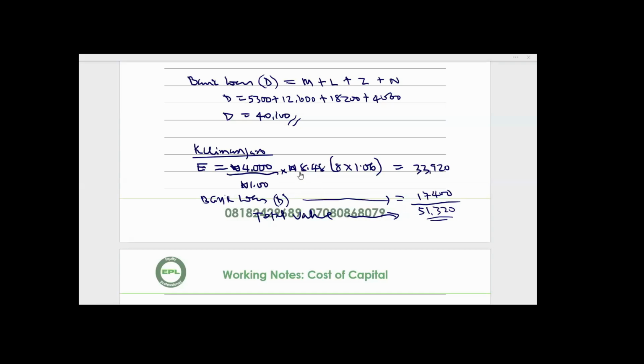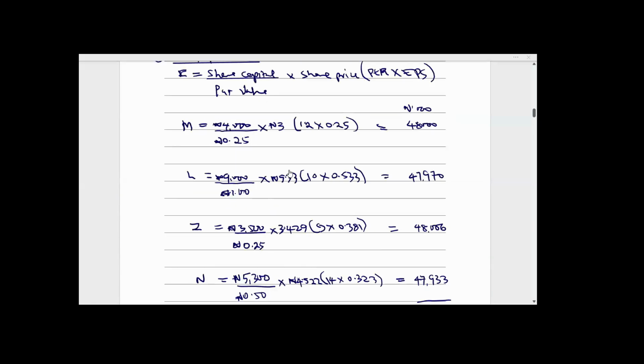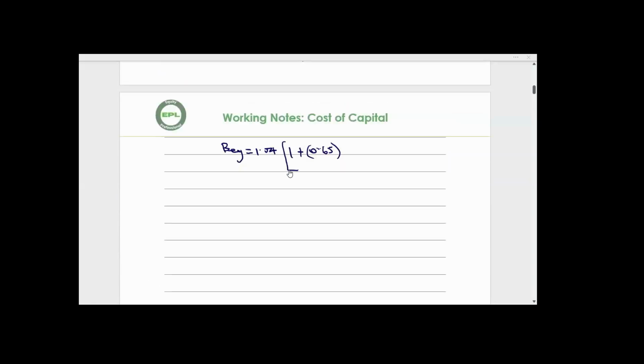So 51,320, let's go up there. Equity value of Kilimanjaro is 33,920. Debt value is 17,400. Therefore, 17,400 divided by equity value 33,920.